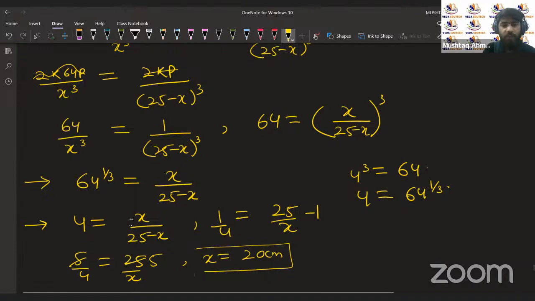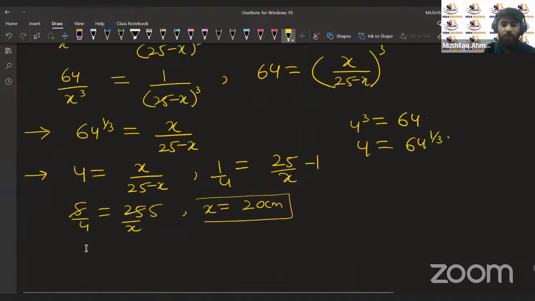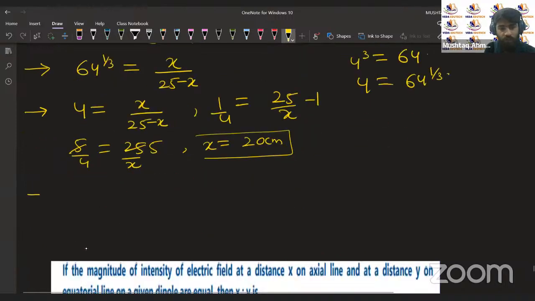So x is the distance from 64p, right? If this is 20 centimeter, then this distance has to be 5 centimeter, right? So it will be at a distance of 5 centimeter from dipole moment P. So E will be 0.